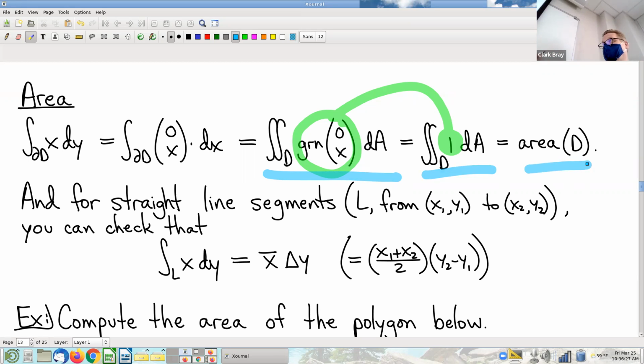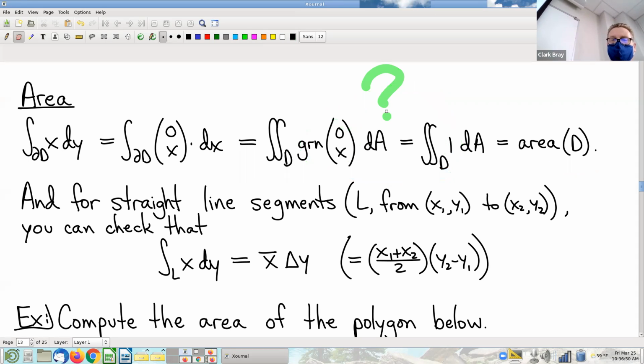Area is a natural thing. I love being able to connect natural ideas, things that you know are relevant or possibly even convenient, to other things. So wouldn't it be neat if we could come up with a vector field for which Green's operator is 1? And it turns out this is not at all hard to do.